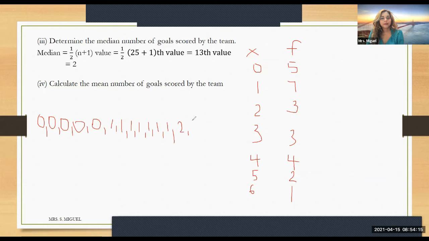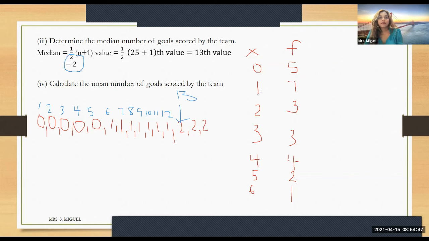I am going to stop there because I need to find the 13th value. So let us count: 1, 2, 3, 4, 5, 6, 7, 8, 9, 10, 11, 12, 13. So the 13th value is 2.